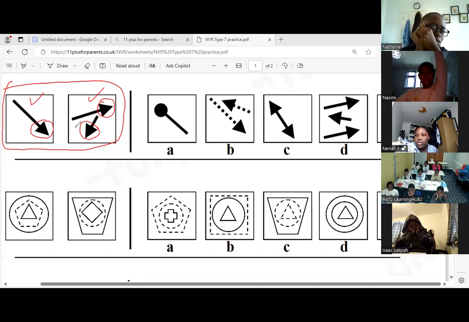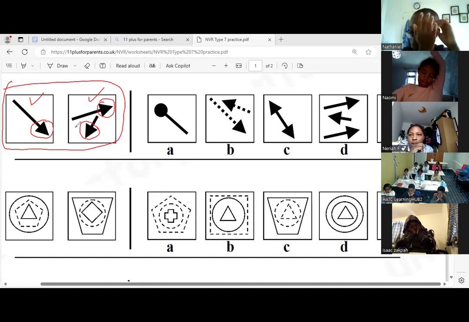But now listen. One thing about you, Zoe, is when you raise up your hand, you stop using your ears. When you look at the first one, you realize it only has one arrow. When you look at the second one, it has two arrows. That's not common for number. Do you get what I'm saying now?